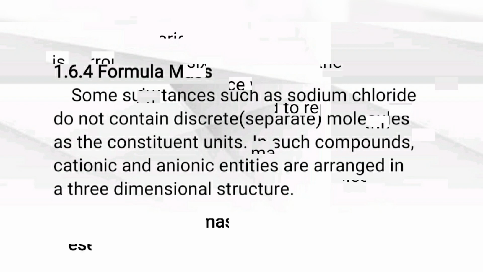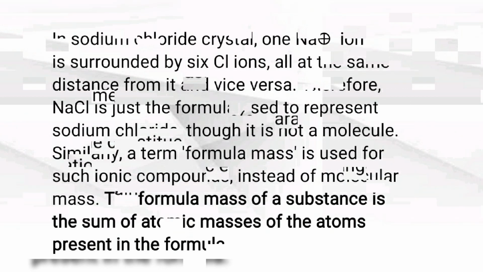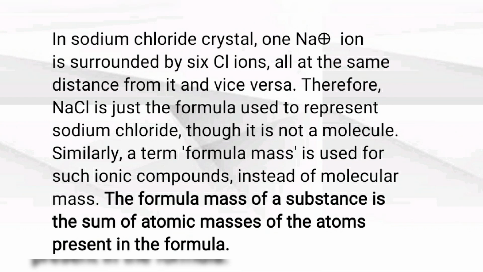Take an example, sodium chloride. In this sodium chloride crystal, one sodium ion, that is the Na+ ion, is surrounded by 6 chloride ions, all at the same distance. All chloride ions are at the same distance from the sodium ion and vice versa.